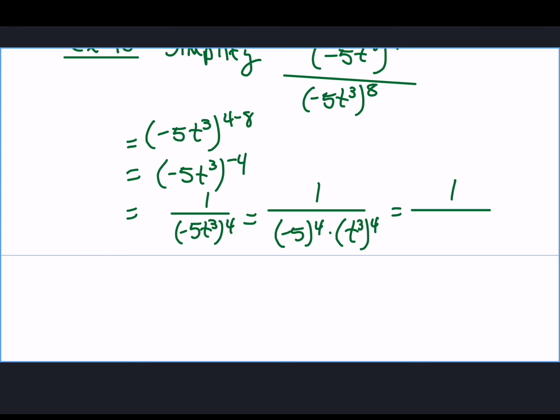Did you put it in parentheses? You have to put it in parentheses. It's a positive 625. The reason we know it's positive is because we have an even number of factors, right? Okay. And then t to the 3 times 4 is t to the 12th power.